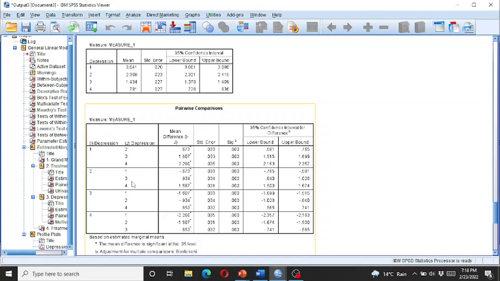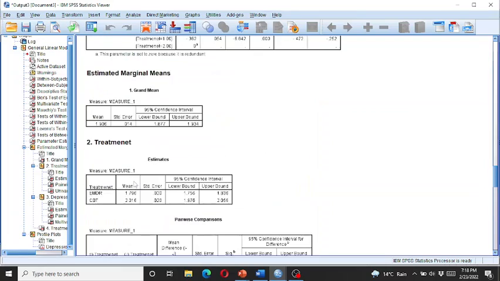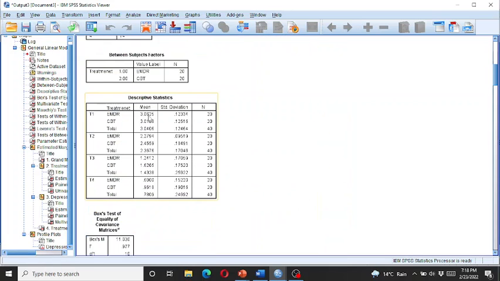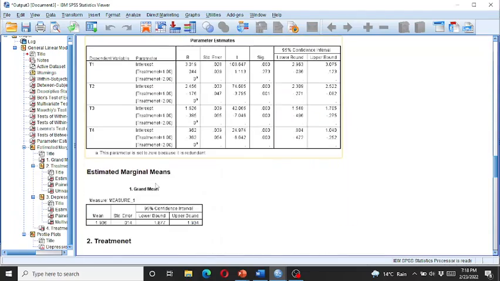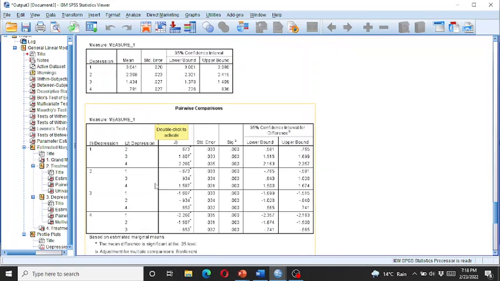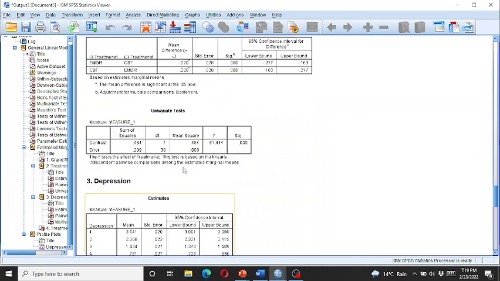You can do this even manually by subtracting the mean values of, let's suppose, time 1 from time 4, and you can get what has already been calculated by SPSS in this table, in the pairwise comparison in the post hoc analysis. Here the difference between the mean values in time 1 and time 4 is 2.260.